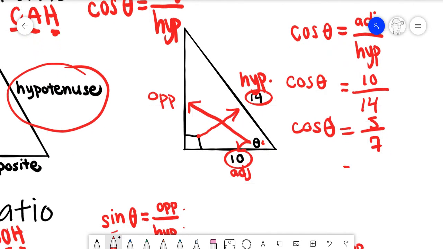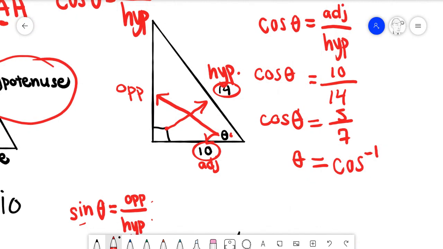And then just like what we did with tangent and sine, cosine also has an opposite, which is cos⁻¹. You should also be able to find this on your calculator.